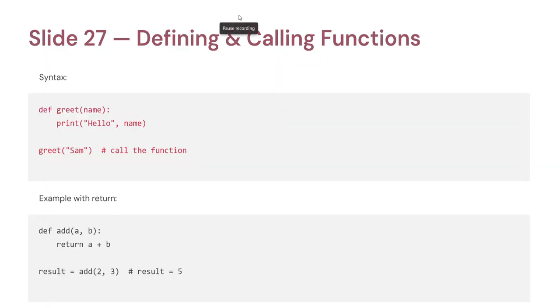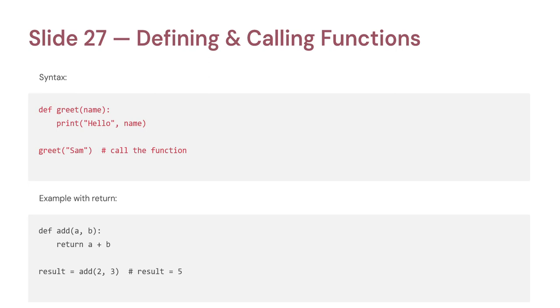Now let's create our own function. The keyword used to create a function is def. It's short for define. Define tells Python I am creating a function. Greet is the function name, and name is the input.